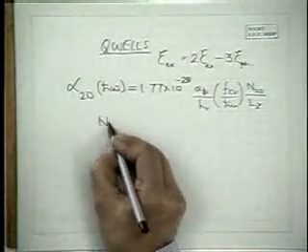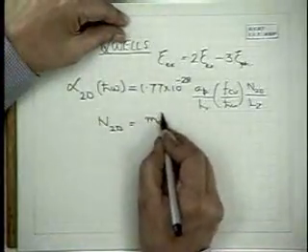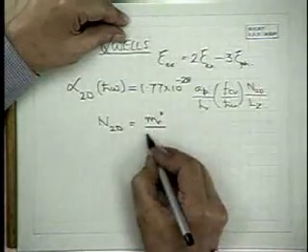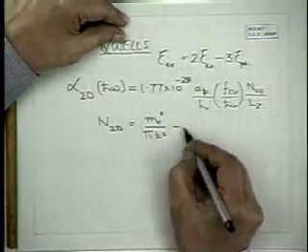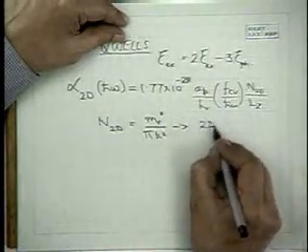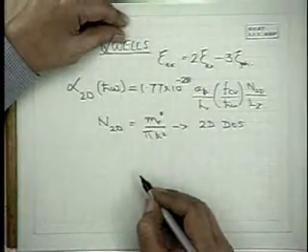Where N2D, the two-dimensional density of states, is m r squared over pi h cross squared. This is the two-dimensional density of states, which we'll derive later on.